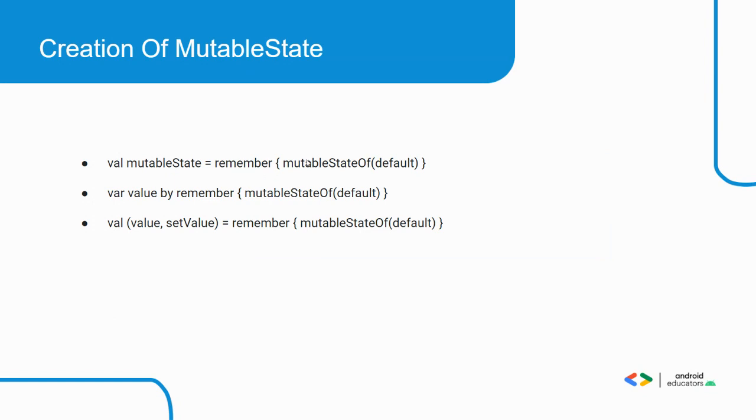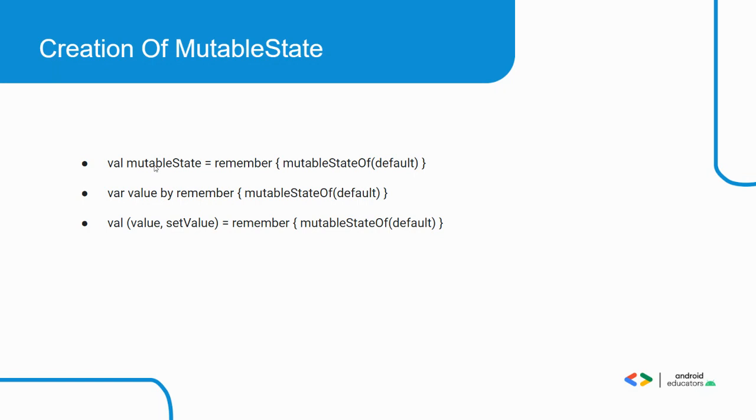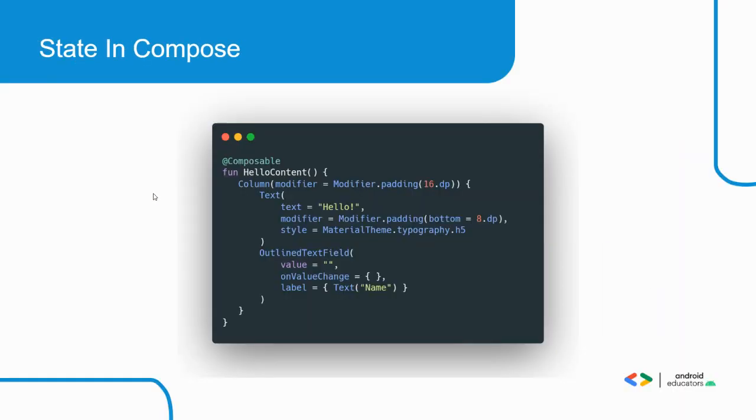This is remember, mutable state. These are the three syntax sugar that you can use. By this, you can use by in Kotlin, and maybe you can use the destructuring constructor. This is how you can use this in compose. Now you have mutable state. What you can do with the mutable state is, in the second example, in the case of text, text is equal to value here.